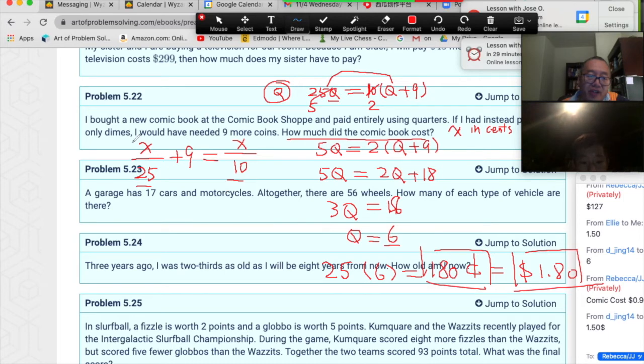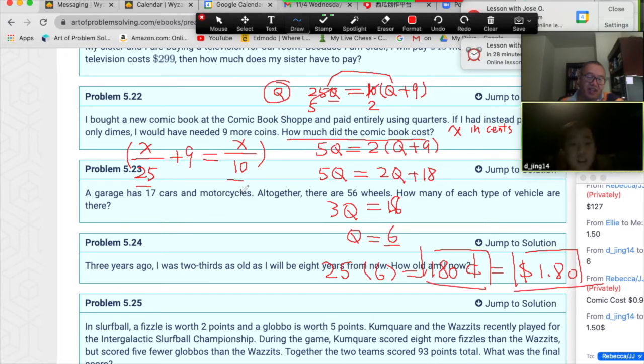So Diego, can you tell me what is the least common multiple between 25 and 10? 50. Yes, that's correct. So that means you need to multiply both sides by 50. Then you can get rid of the fractions here.